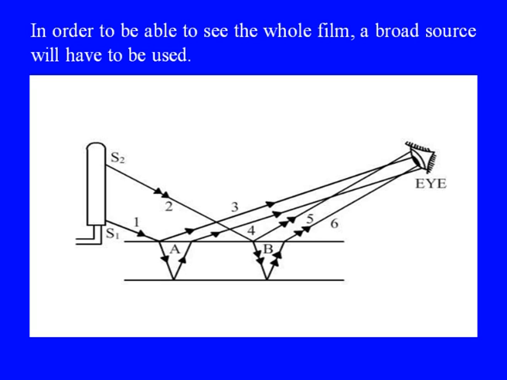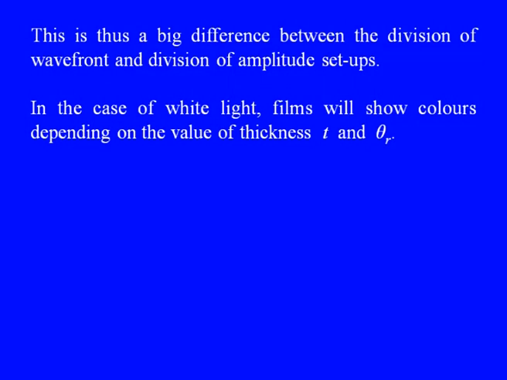Now, remember 1 and 2 are not coherent, but they need not be coherent. The interference is between 3 and 4, they are coherent. Between 5 and 6, they are coherent. So, thus we find there is a big difference between the division of wavefront and division of amplitude setups.